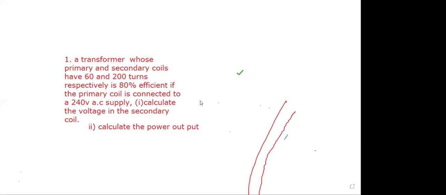Let us try that question and see which answer it gives us for the voltage in the secondary coil and then the power output.